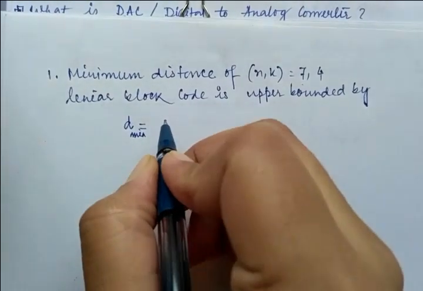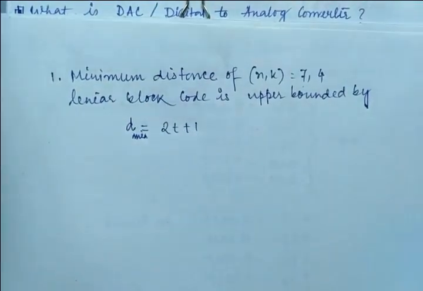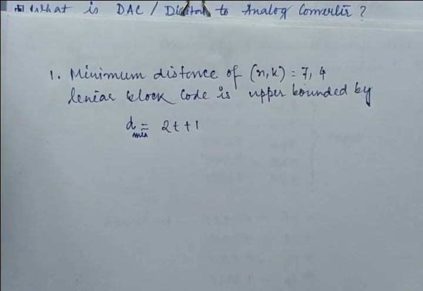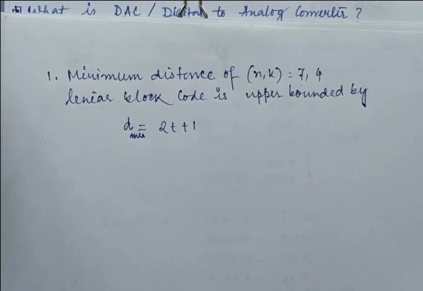This is nothing but 2t plus 1, because we have already calculated questions like how many errors can be detected or corrected from a linear block code, from a cyclic code, or anything, right? So for detection and correction of errors, you have a simple formula, that is d greater than or equal to 2t plus 1, or d greater than or equal to t plus 1, right?